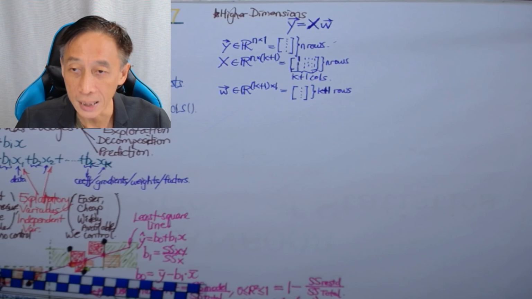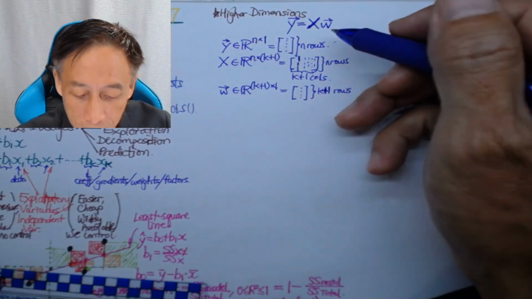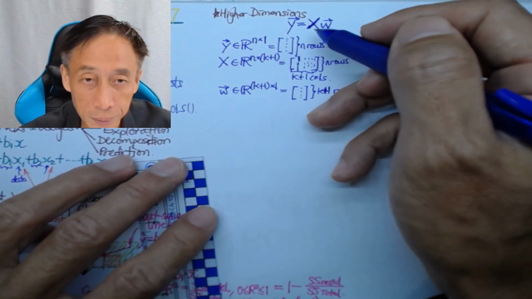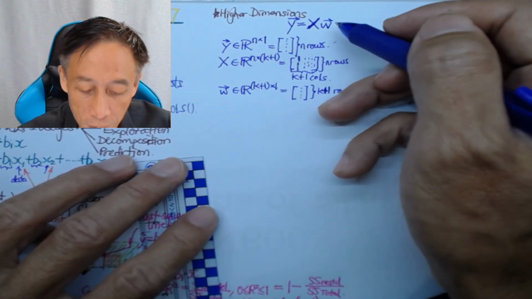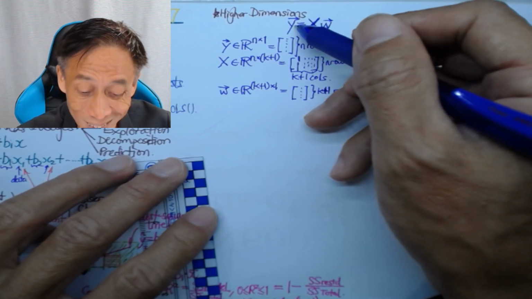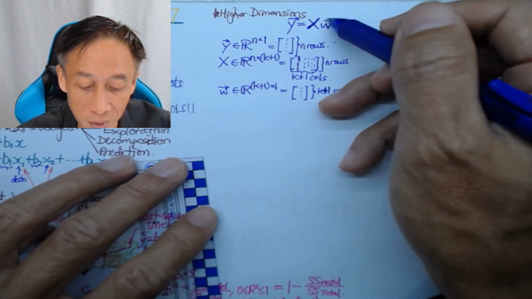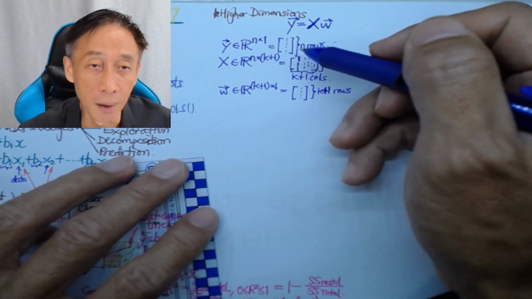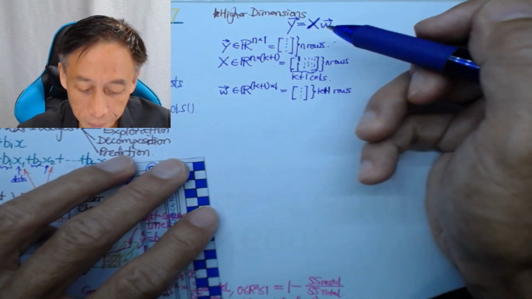So what's the basis to do that? The basis to do that is to find the delta, so that the vector y minus the predicted vector is going to have a minimized error squared.